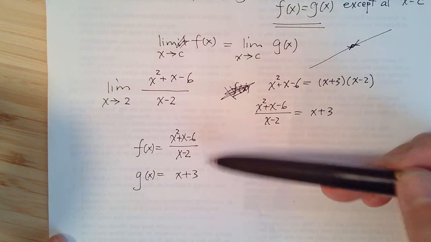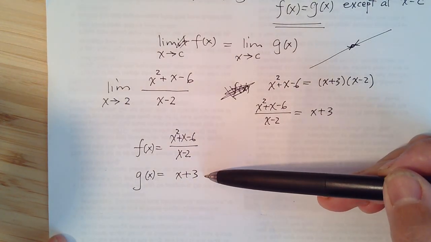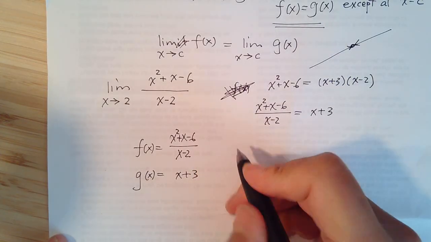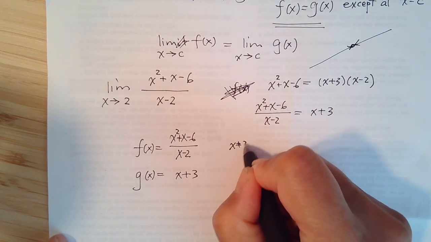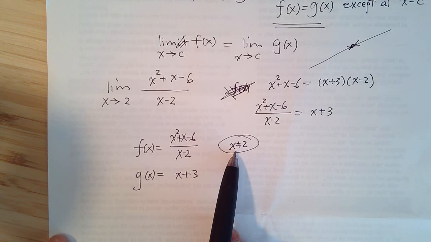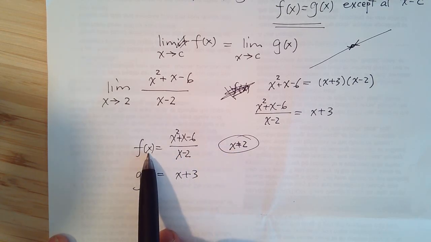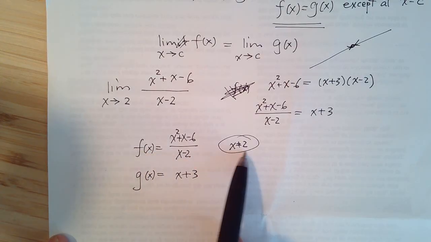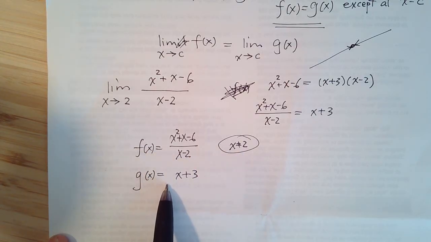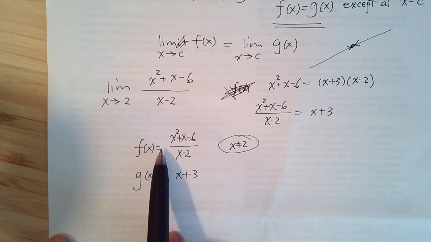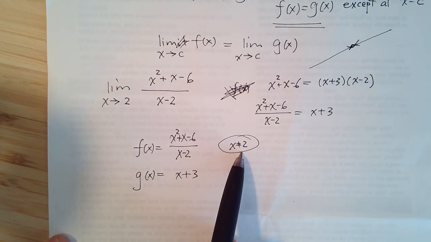These two are exactly the same except at x equals 2, because when x equals 2, f is not defined. That function cannot be defined when x equals 2, but this one is okay because that's just a linear function. So these two agree with each other except at this moment.